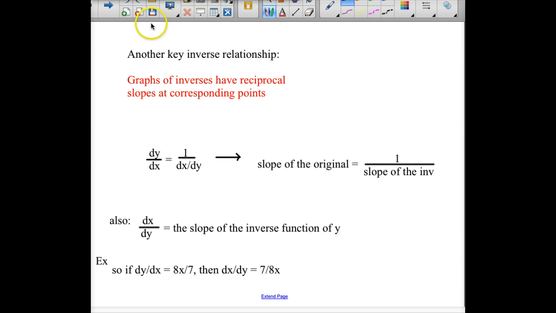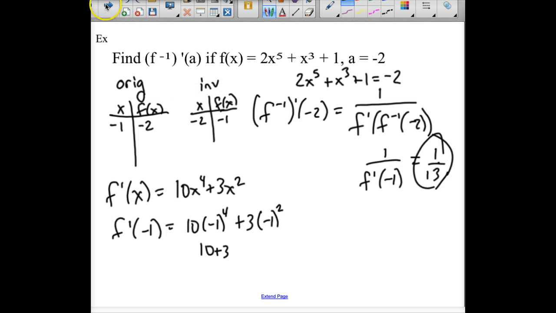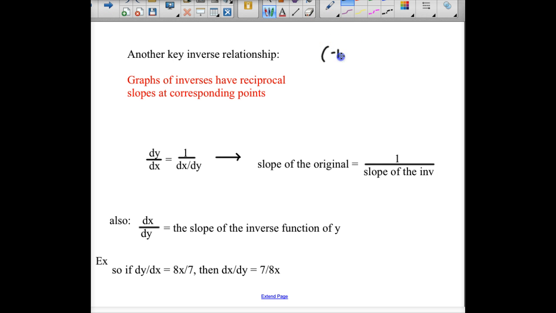All right. Another key inverse relationship is that the graphs of inverse functions have reciprocal slopes at their corresponding points. Remember, corresponding points would be like in that last problem at the point -1, -2. It corresponds to the point -2, -1 on the inverse.